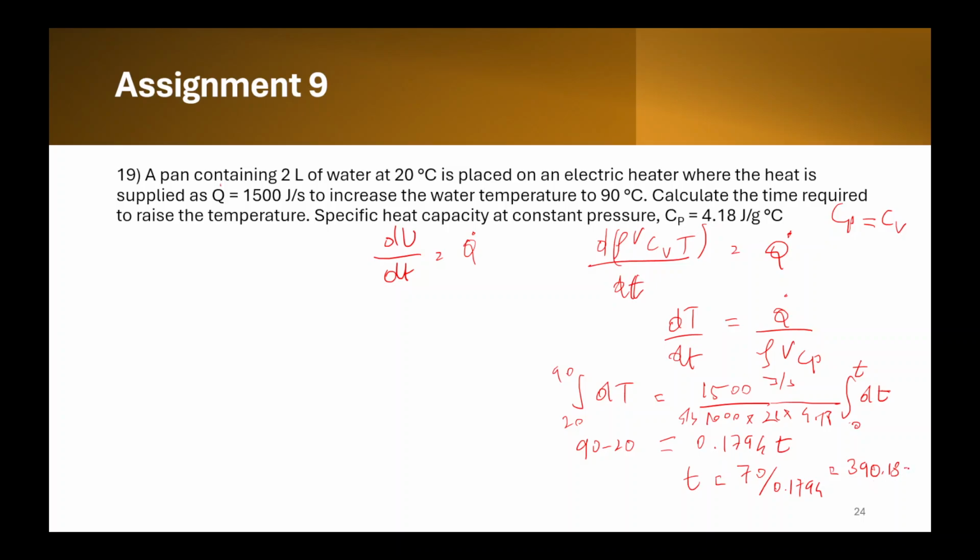So this will be 390.18 seconds. You need to convert it into minutes, so we divide it by 60. So we get roughly 6.502 minutes. So that's what it was.